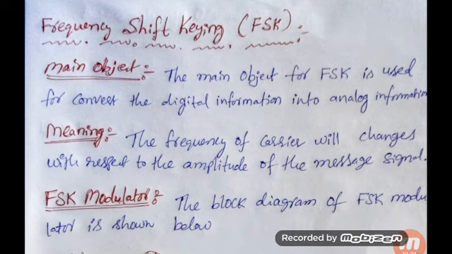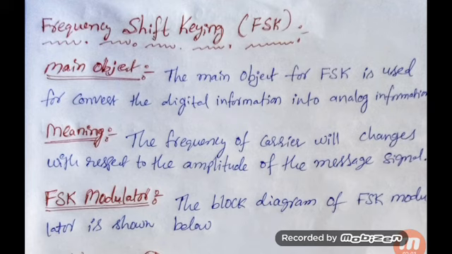So here we don't know the meaning clearly; we can't clearly observe it from this line. When we see waveforms and block diagrams, we can easily understand the meaning of frequency shift keying: how the frequency of the carrier changes with respect to the amplitude of the message signal.